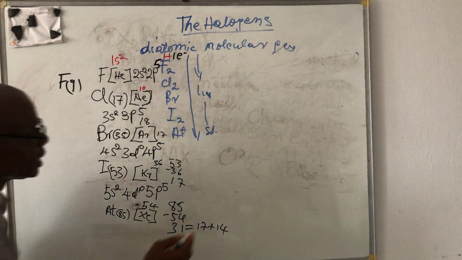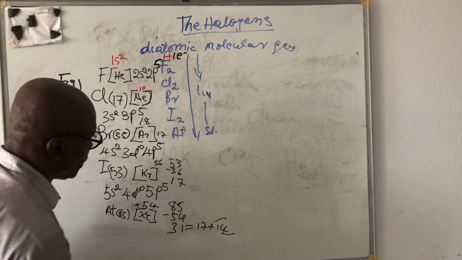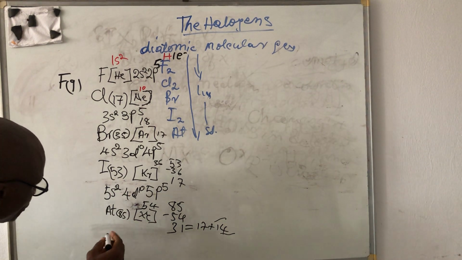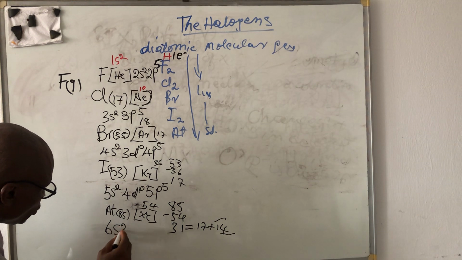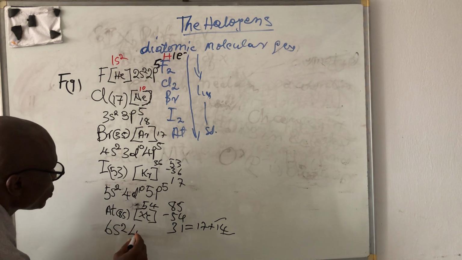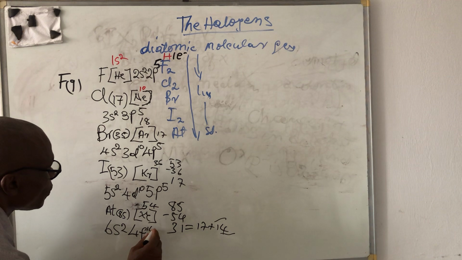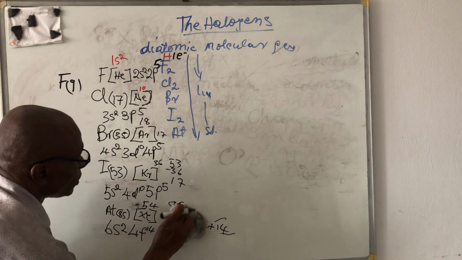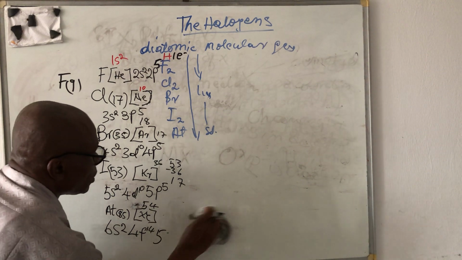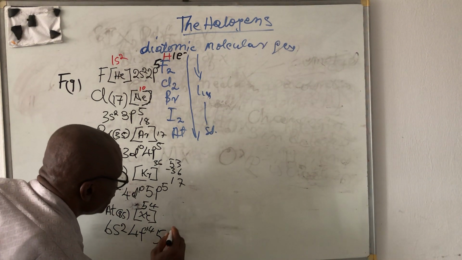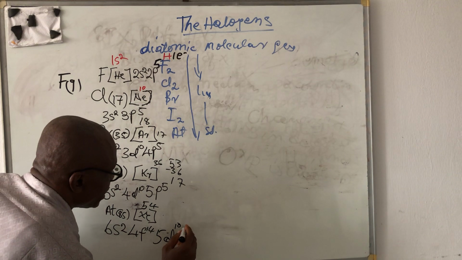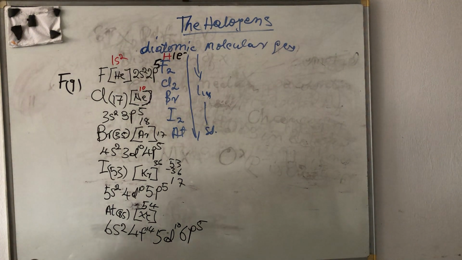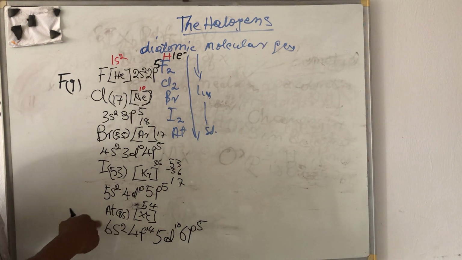Therefore, it means that the f will come in between. And at that point, you have 6s2, 4f14, 5d10, and 6p5. If you add that up, you arrive at 85.